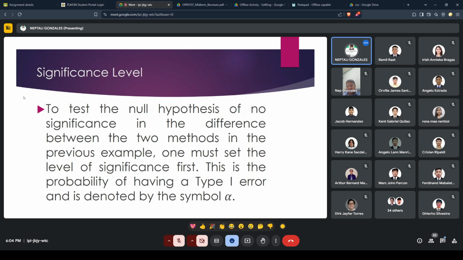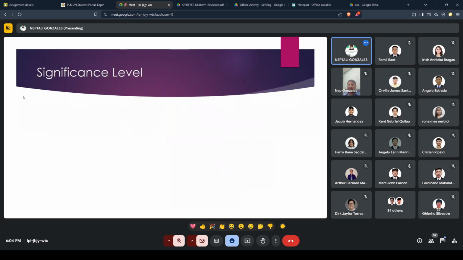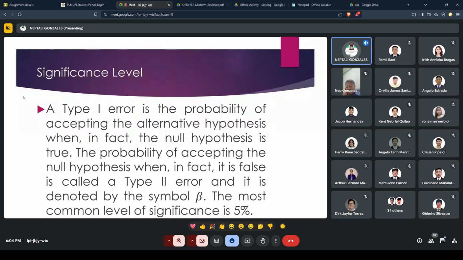What is a type 1 error? A type 1 error is the probability of accepting the alternative hypothesis when in fact the null hypothesis is true. So the null hypothesis is true, but we accept the alternative hypothesis.